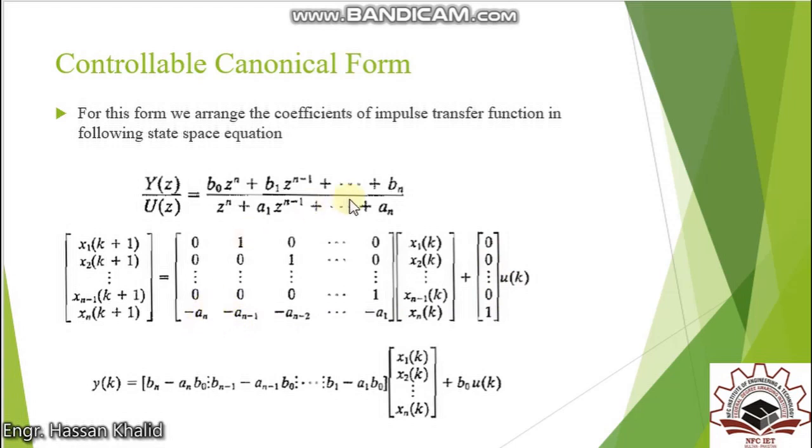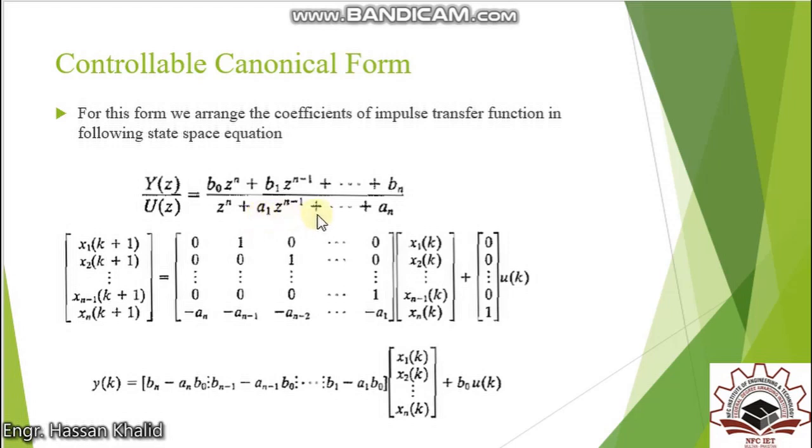Now if you observe this G matrix, you can easily place the variables from the characteristic equation of the given pulse transfer function by placing all the coefficients from a1 to an in reverse negative order.